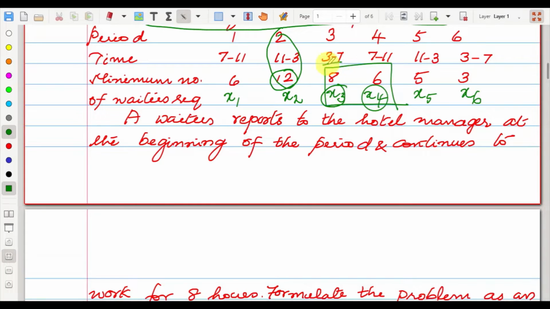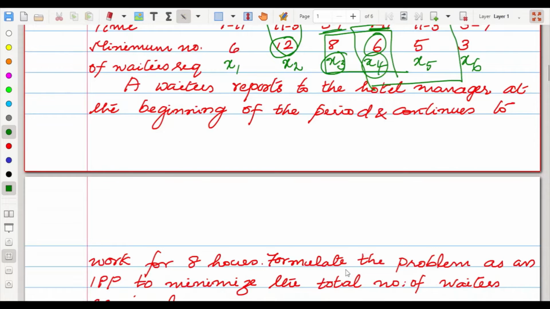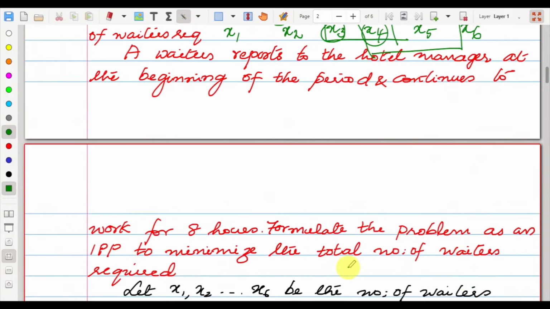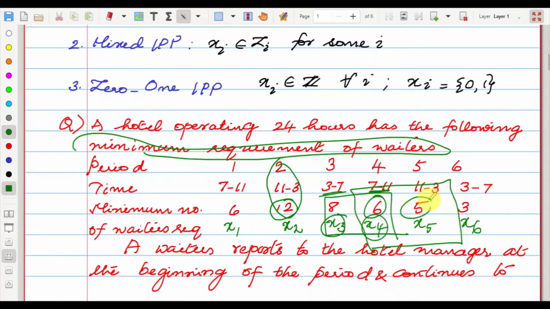So x3 plus x4 must be greater than or equal to 6. Next constraint is x4 plus x5 greater than or equal to 5.